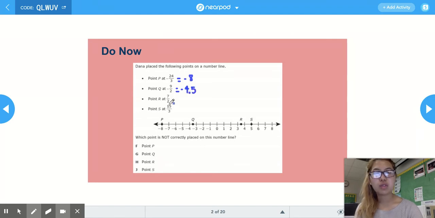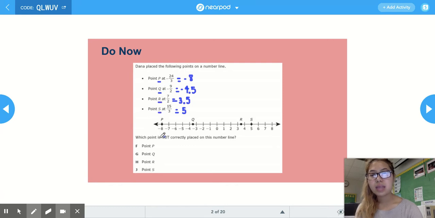Then we have 7 over 2, which is 7 divided by 2, and that's 3.5. And lastly, we have 15 over 3, which is 15 divided by 3, and that's positive 5.